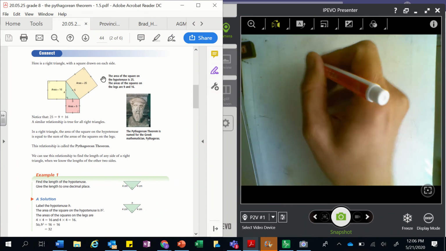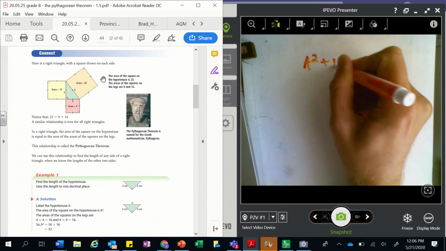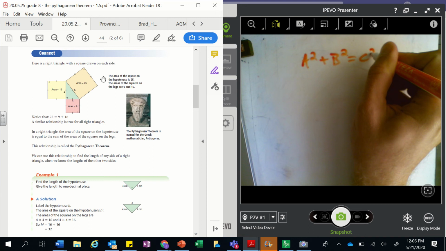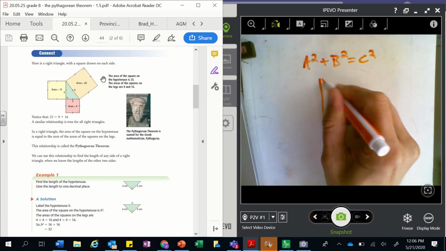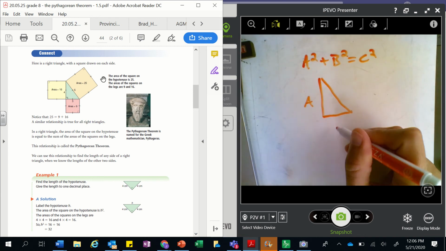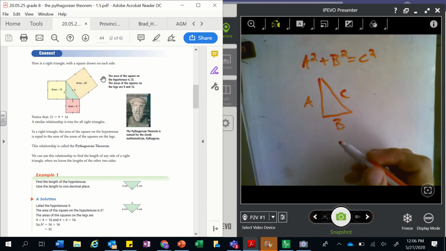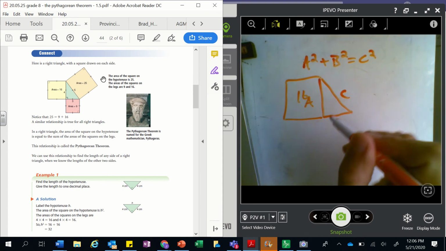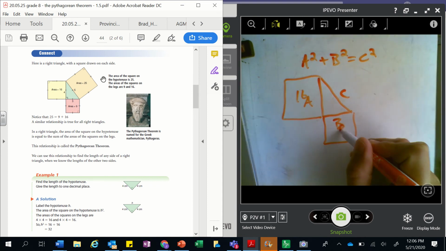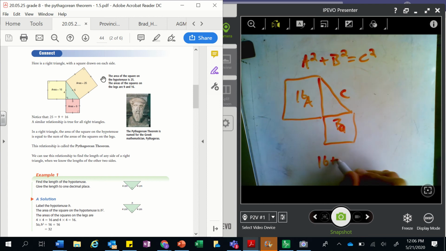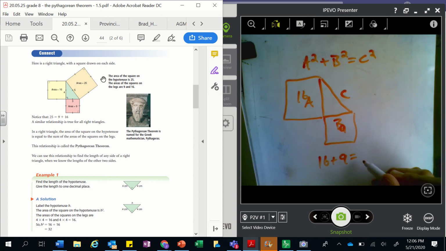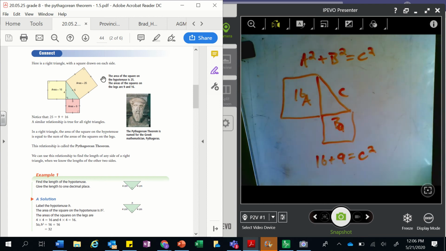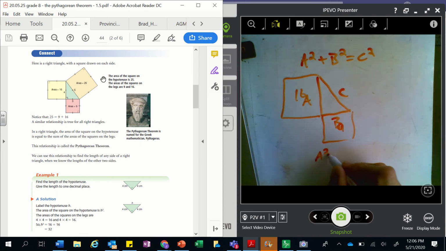So the formula is A squared plus B squared equals C squared. Here we have a triangle like this, and we have A, B, and C. Now, since we know that A squared is 16 and B squared is 9, we now have 16 plus 9 equals C squared. To back that up just a moment, we knew that A squared plus B squared equals C squared.